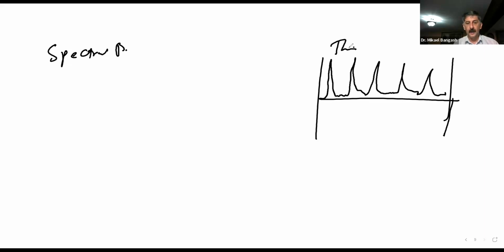And what we also have are these areas here, for instance, that we call the spectral window. And the spectral windows are clear.